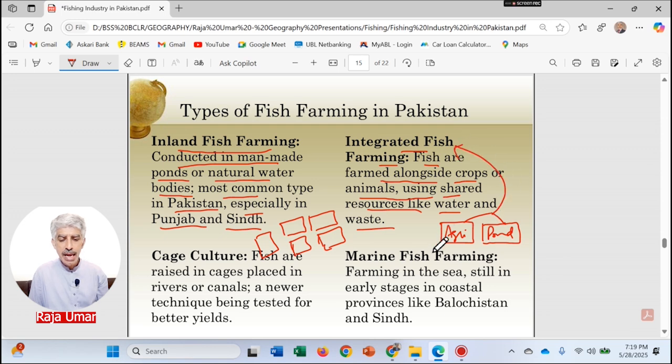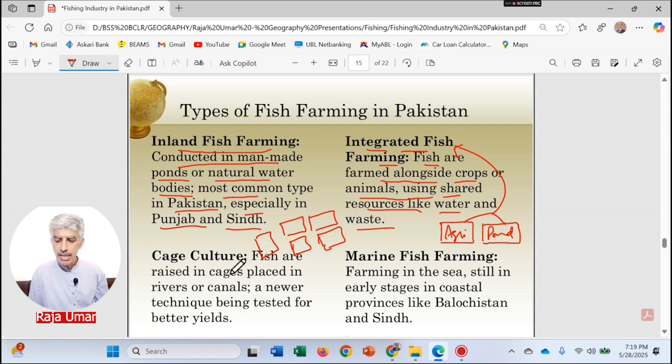That is known as integrated fish farming. And in many areas of Punjab, and in lower Sindh and central Sindh, many of the fish farms are established alongside the agricultural farms or the irrigated lands, and they are growing crops and growing fish alongside. So that is what we call integrated fish farming.